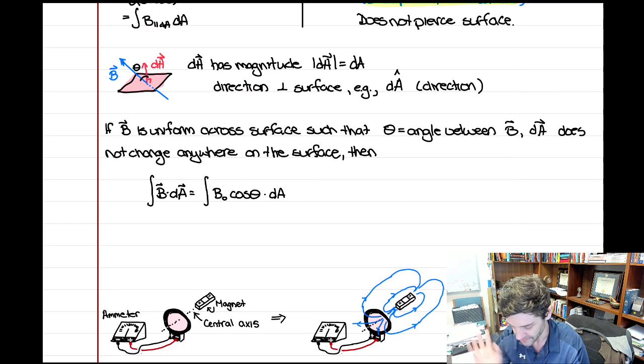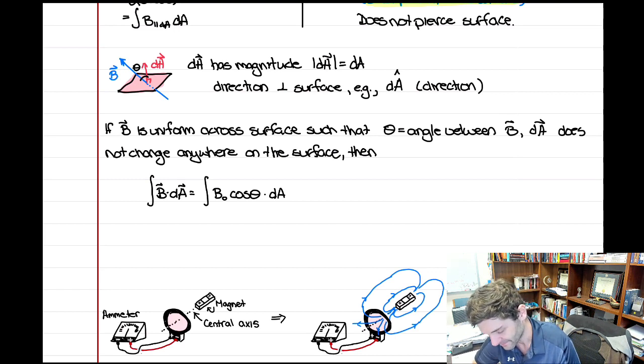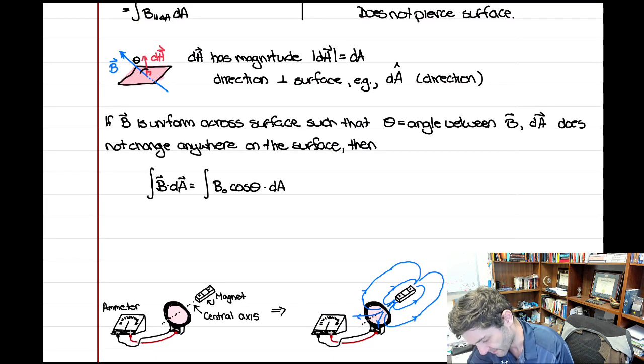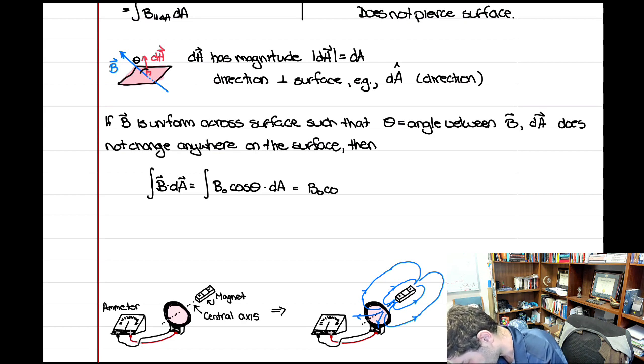Sometimes I've got to put a dot, sorry. So if B is a constant and theta is not changing, then that cosine acts as a constant. So then this looks like B naught cosine theta integral of dA.